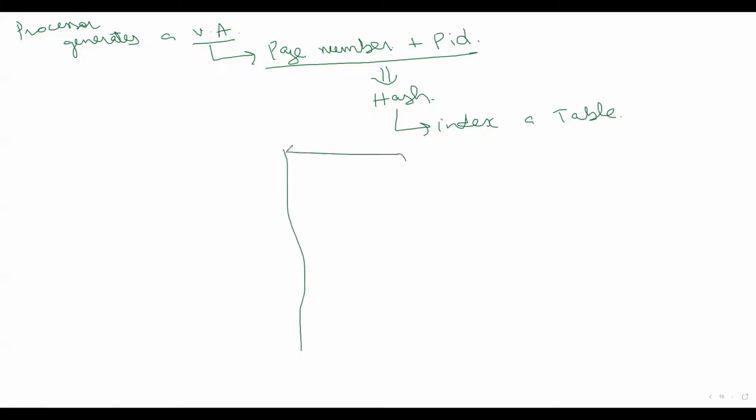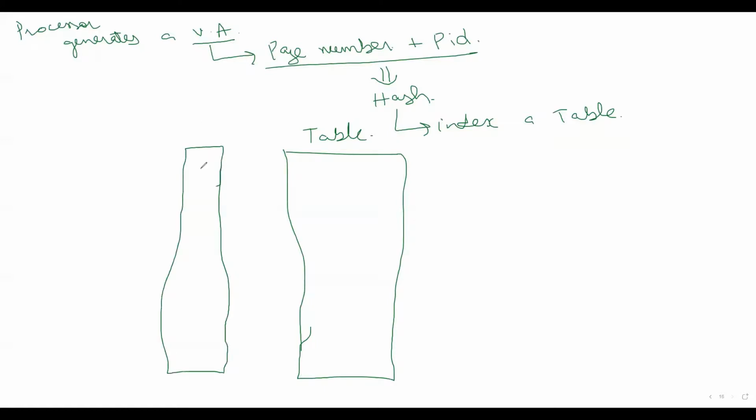We have a table, this is our hash table. We are getting page number plus PID, we will get its hash, and using that hash we will check the hash table.